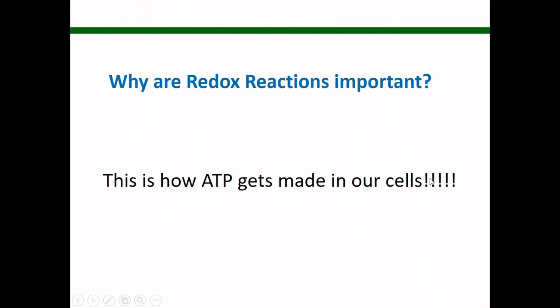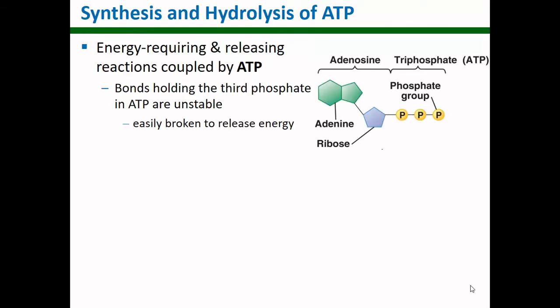Why are redox reactions important? This is how ATP gets made in our cells. When we're making ATP, we have to put in a lot of energy. The bonds that hold that third phosphate onto the ADP are very unstable and they're easily broken.